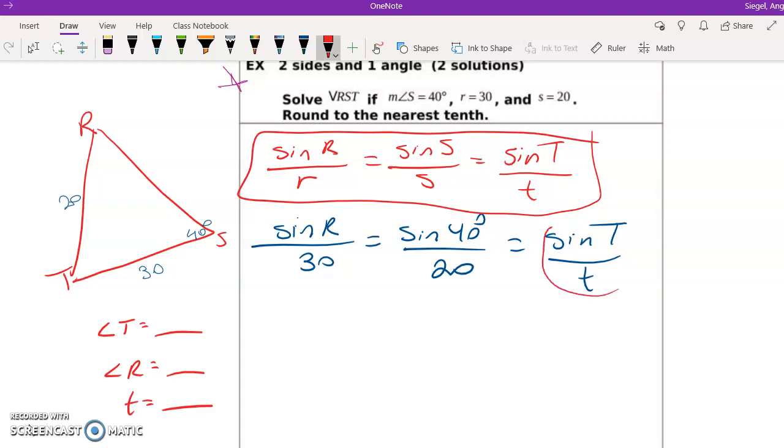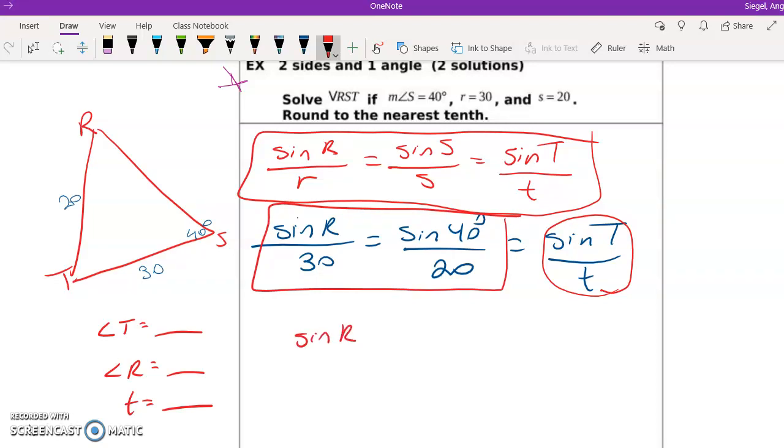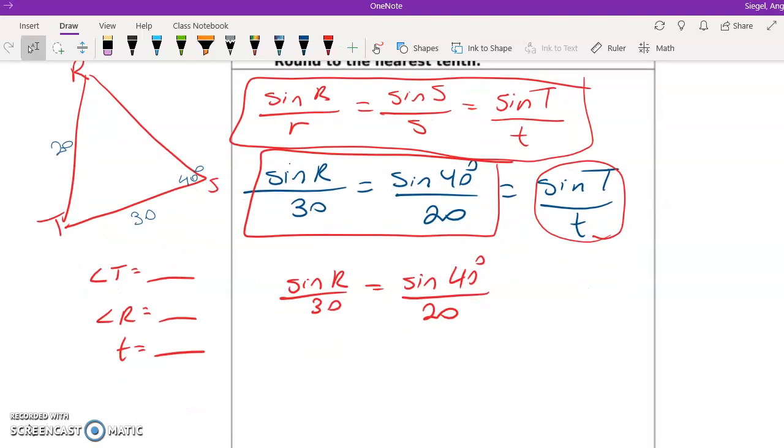So this guy over here, he's not going to give me anything. So I'm going to start with this proportion. So I'm going to say the sine of r over 30 equals the sine of 40 degrees over 20. So I can totally solve for r here. So go ahead and do that. We're going to talk about how this is really a sneaky snake one, and you probably won't even see it. So go ahead and try for that.